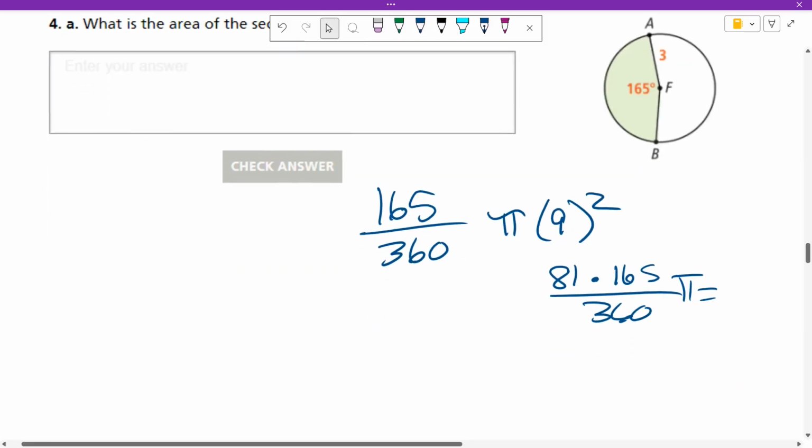So I don't know what that is off the top of my head. But it's a big number over 360. Reduce that fraction. And what's your mixed number? Something over something. What do we get?